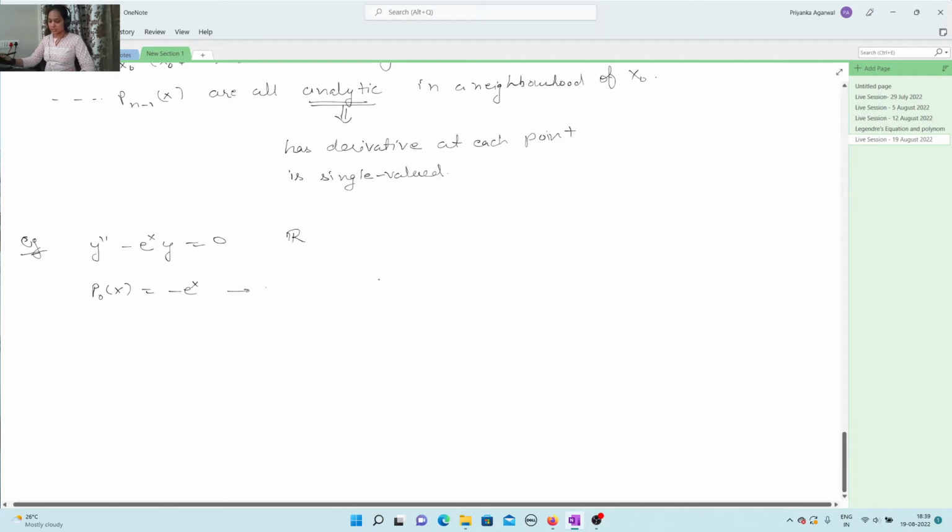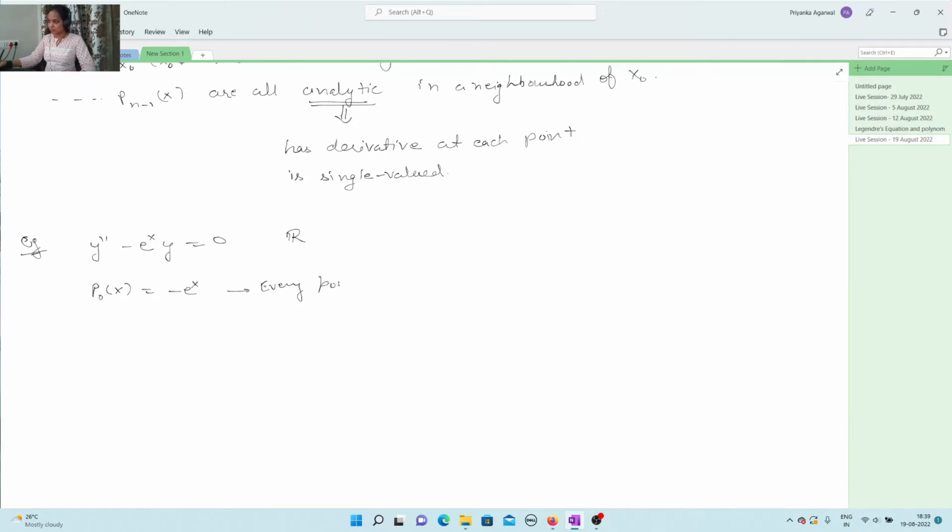Because the derivative exists at every point. So every point x0 which is not equal to infinity is an ordinary point in this case, because minus e to the power x is defined. If you see this plot, this is x, this is y, the plot will be something like this. At x equals 0, the value will be 1, and it will asymptotically reach 0 at minus infinity. So this is an analytic function, and every point in the real domain is ordinary.